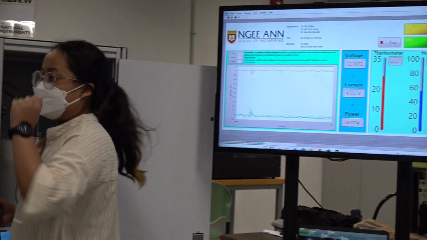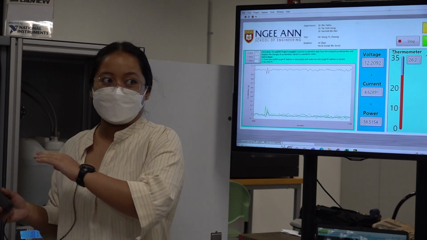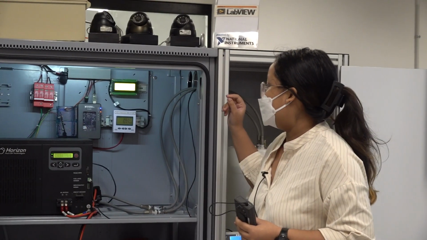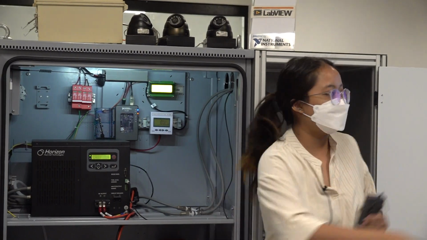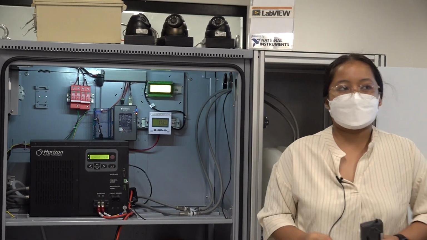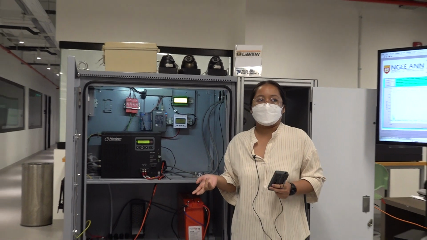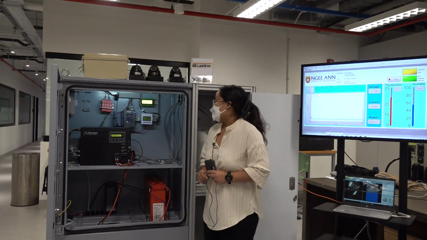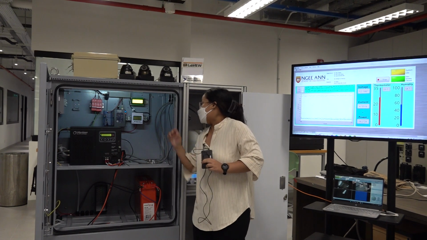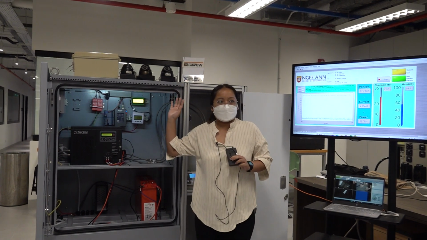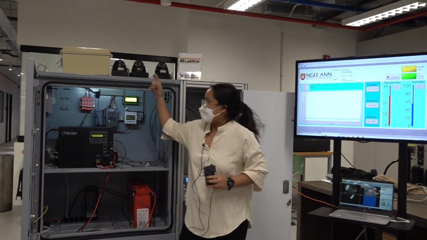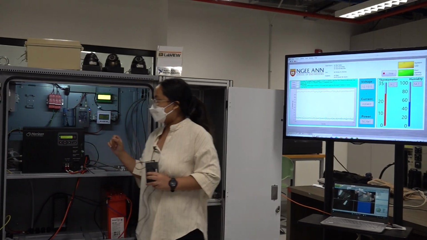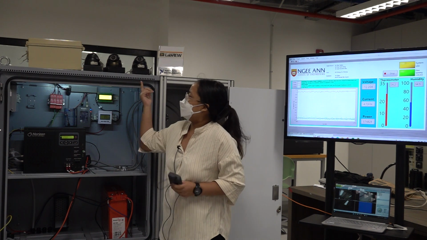So for example, when you want to do maintenance, you open the door and the data is already there. You don't have to look over here to see the power, the current or the voltage. Everything is already displayed there. And on top of that, there are our CCTVs given by the SPF, connected to the MCB, so anytime you can switch on or off the MCB, or turn on the camera.